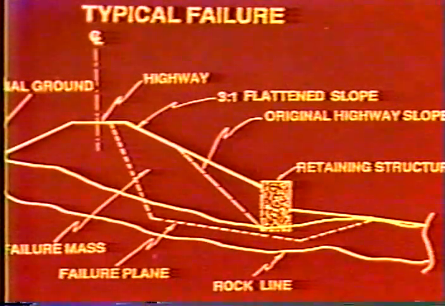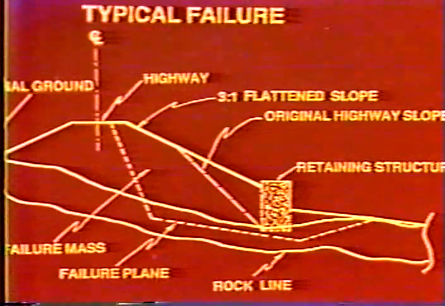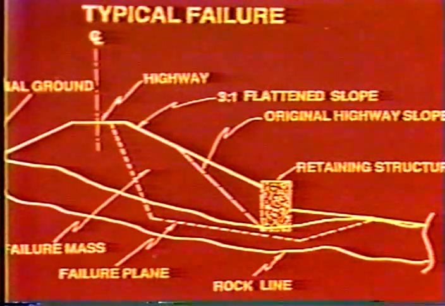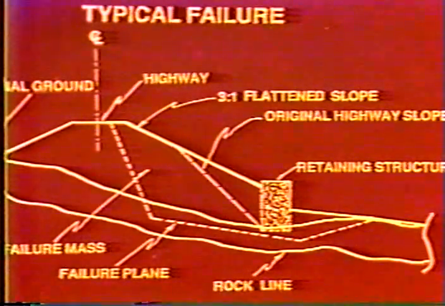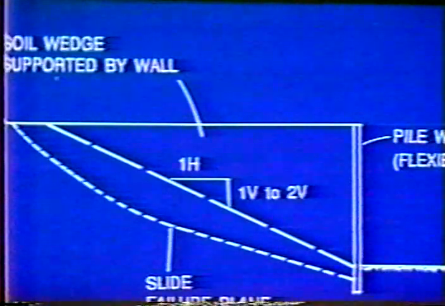So what happens in situations like this, and we've got to be cautious when we use a retaining wall, is that the shear surface or the failure plane may undercut the bottom of the retaining wall, or if it's a very large mass, it simply shears through or just pushes it over. So those are some things that you need to be concerned about.